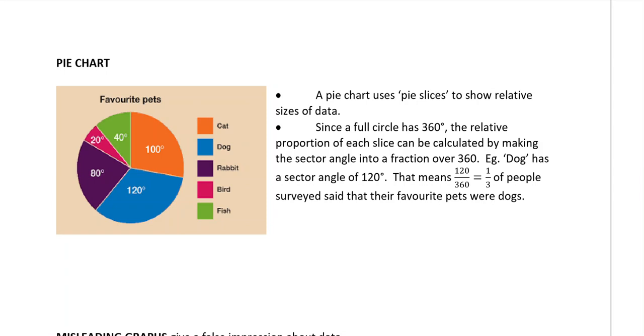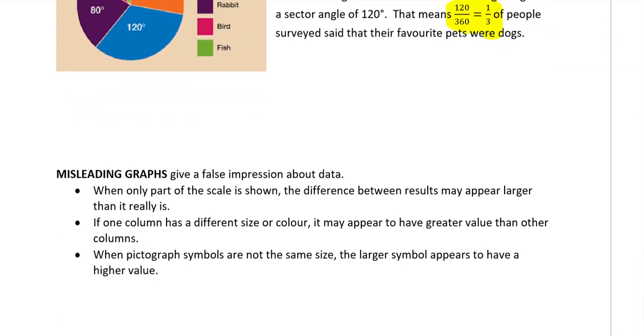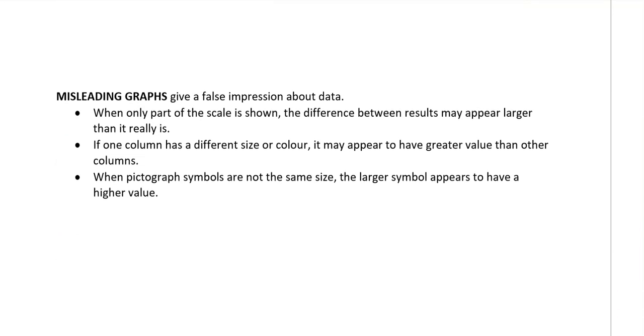So if you needed to work out the fraction of people who liked dogs, for example, there was 120 degrees. You'd put that over 360, which simplifies down to say that a third of the people chose dogs as their favourite pet.